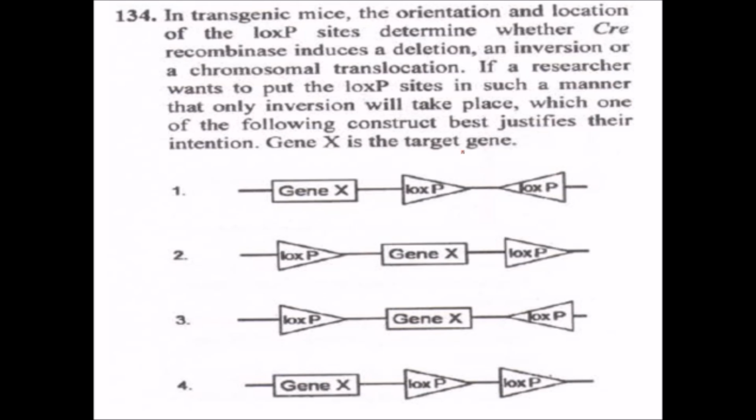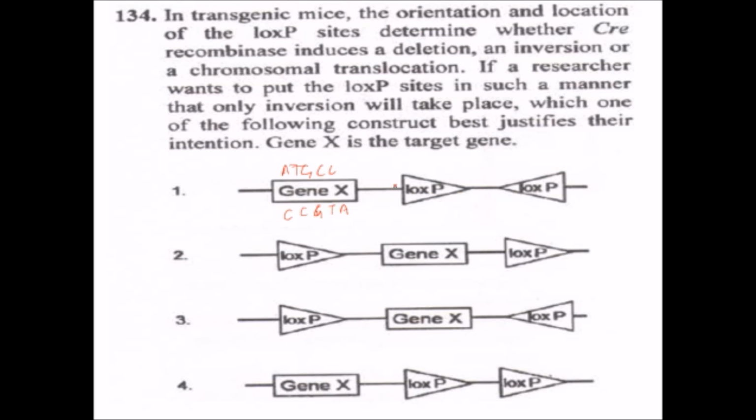Gene X is the target gene. Suppose it has a sequence like ATGCC, then we should get the resultant CCGTA, and this is known as inversion. And gene X is the target gene, and we want to control it with the help of LoxP.